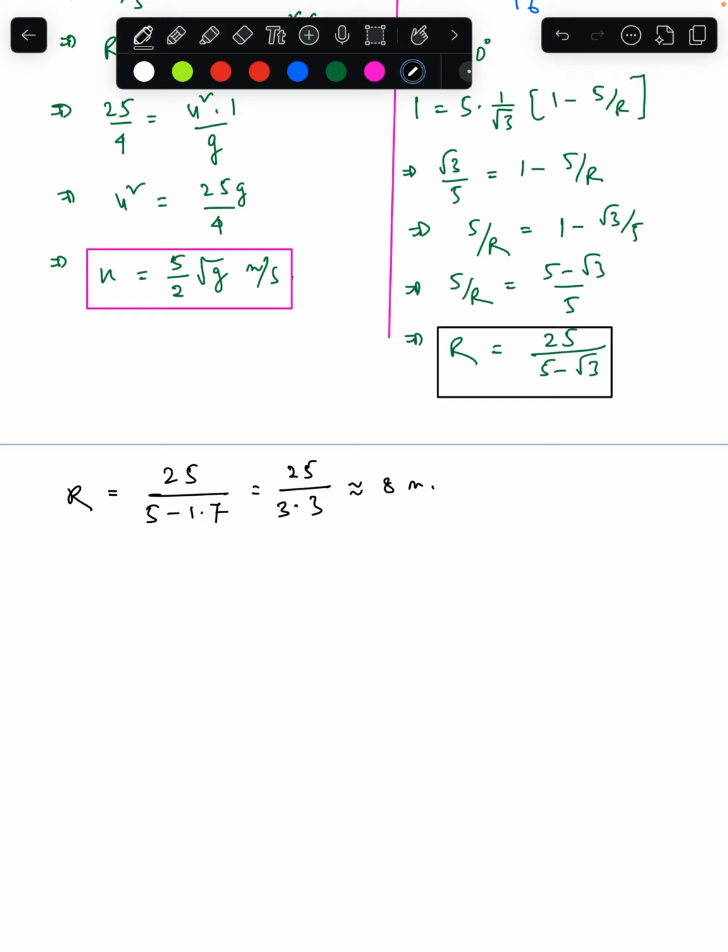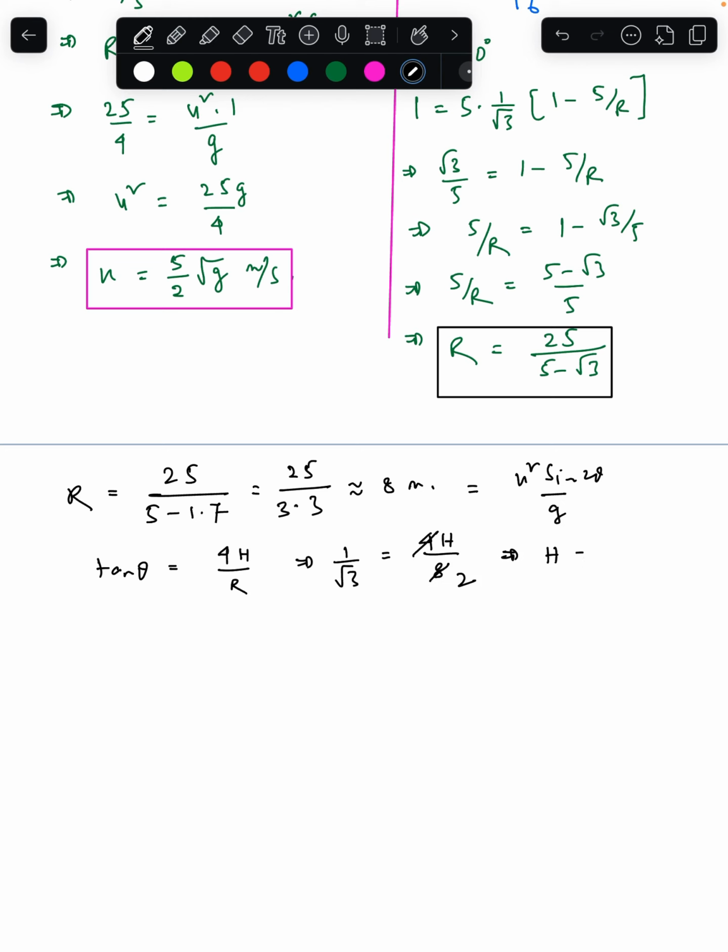Now the point is, we know R is equal to u square sine 2 theta divided by g. We can follow this equation also: tan theta is equal to 4 into H divided by R. So 1 by root 3 is equal to 4 into H divided by 8, that is equal to 2.